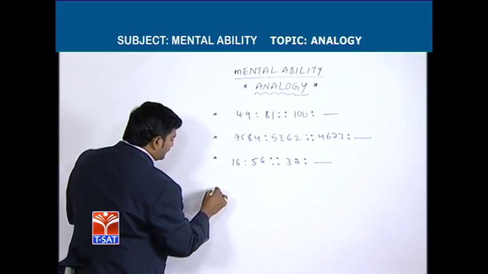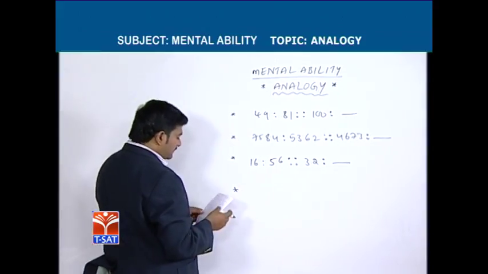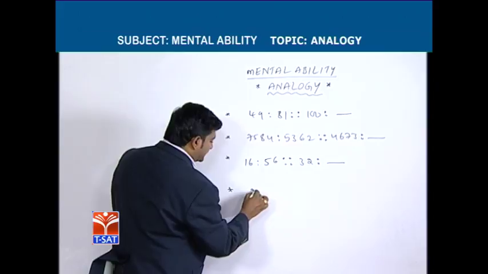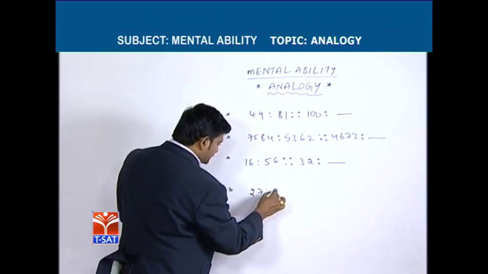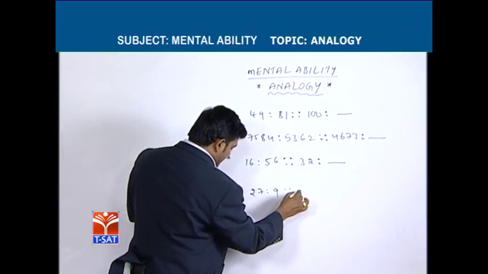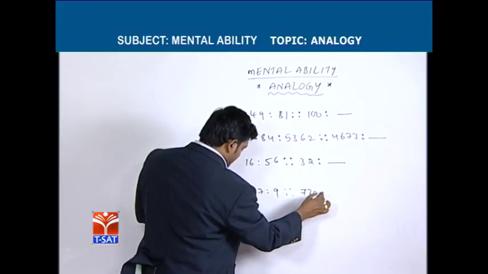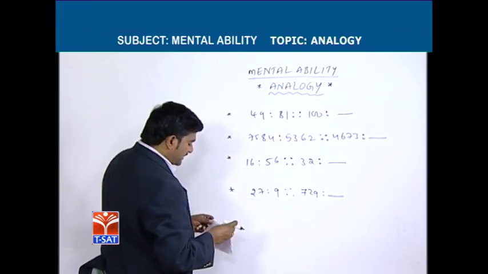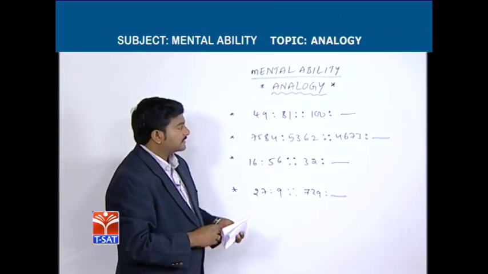Okay, so now this is about the third one. Now the fourth example is as follows: 27 is to 9 as 729 is to dash. So now these are some examples regarding number analogy.